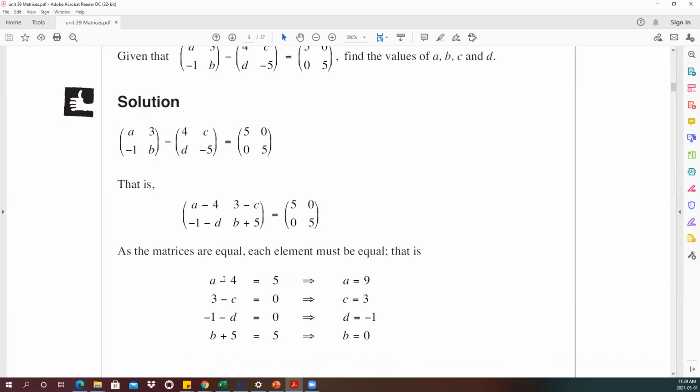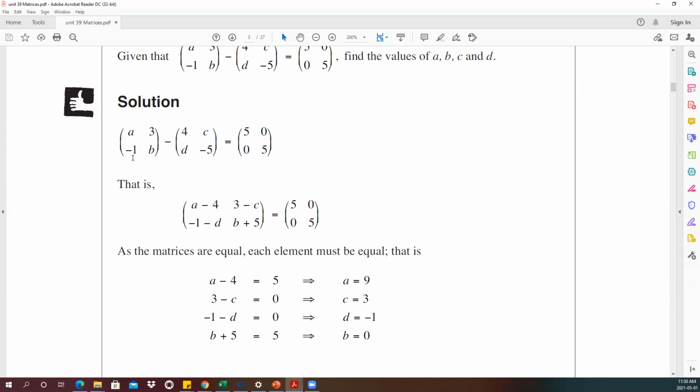So notice that they're listing the information that they have. So again, A minus 4 is equal to 5, and you can solve for that simply. That means A equals 9. Here you go again. 3 minus C is equal to 0. That simply means that C equals 3, because 3 minus 3 is 0.